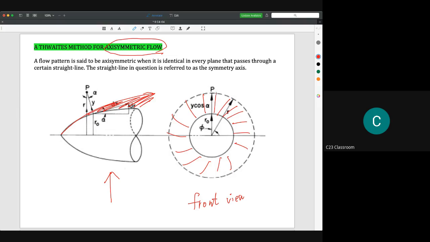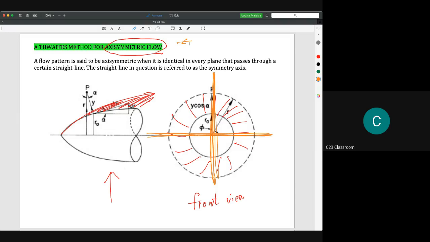Then you could cut at any plane. If you cut at an x plane here, or you cut at here, you will have the same boundary layer image. That is the basic idea of axisymmetric flow. In terms, we could say that a flow pattern is said to be axisymmetric when it is identical in every plane that passes through a certain straight line.